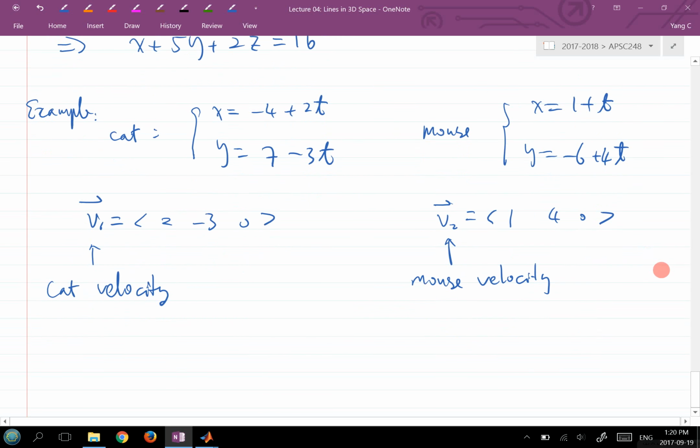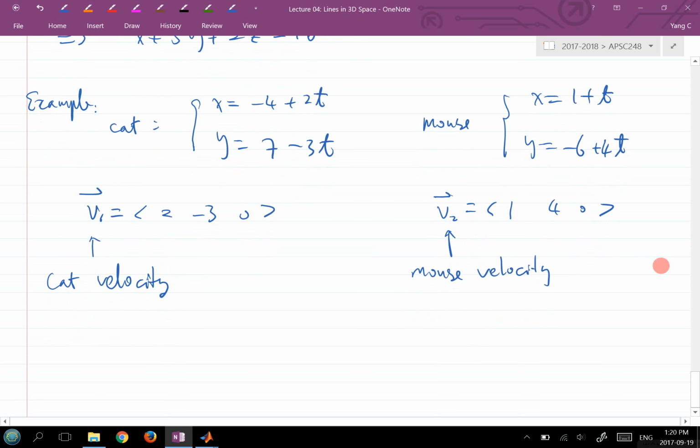Now you've established more or less a spatial idea. The cat is traveling in one direction, the mouse in another direction. So there's a definite possibility that the cat could catch this mouse, but there is also a definite possibility that it won't. It's not uncertainty, it's a definite situation. If the cat is traveling in this direction and the mouse in this direction, what happened to the two trajectories?